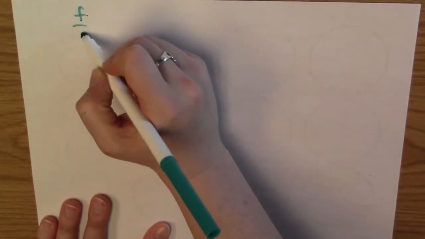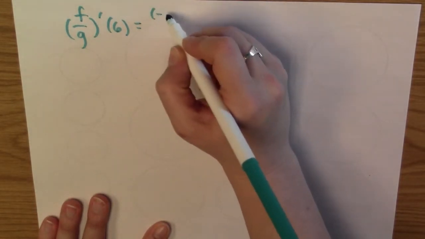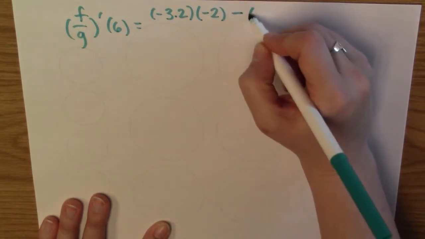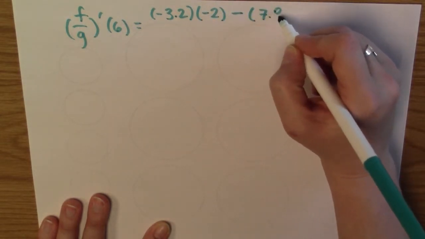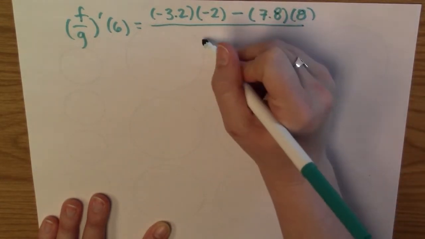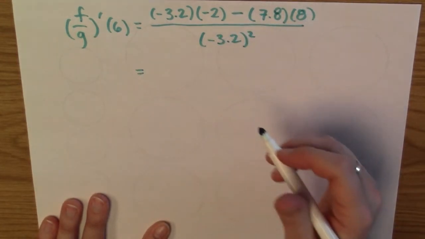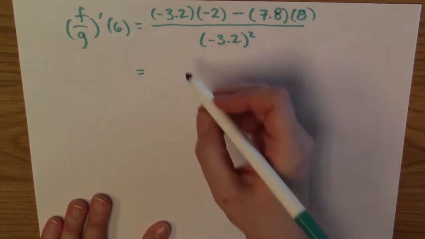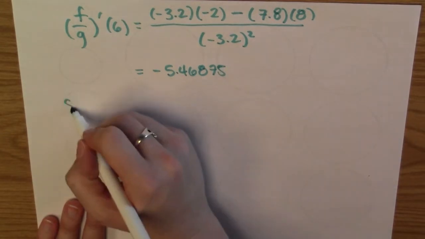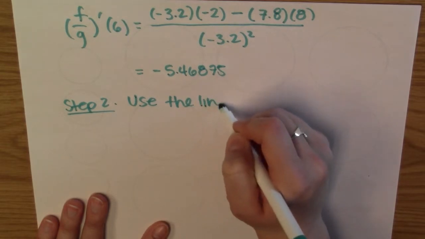So f over g prime at 6 is equal to, well, g of 6 is equal to negative 3.2, and f prime at 6 is equal to negative 2, minus f at 6 is 7.8, and g prime at 6 is equal to 8, and then g at 6 is negative 3.2. So we square this guy, and we get that the derivative, f over g prime at 6, is equal to negative 5.46875.